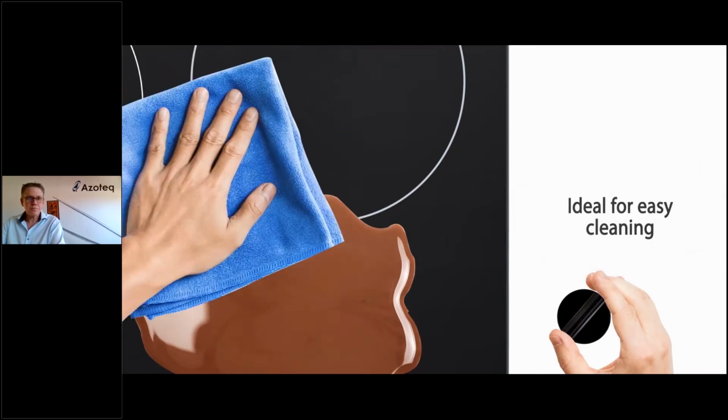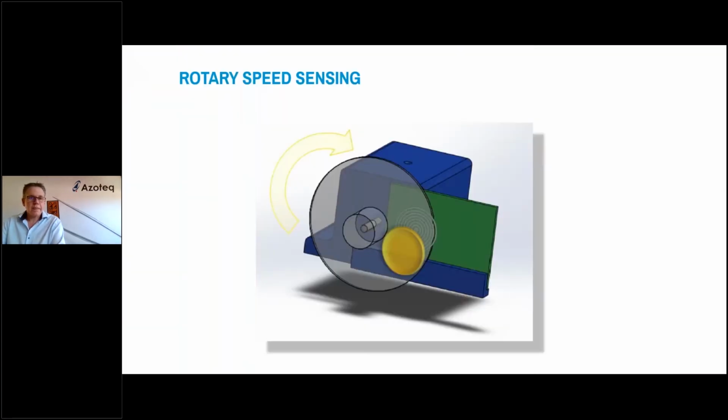Another derivative of rotation sensing is speed sensing. Let's say you need to measure the flow in a pipe or something like that. Then inductive sensing is a very nice non-obtrusive method.